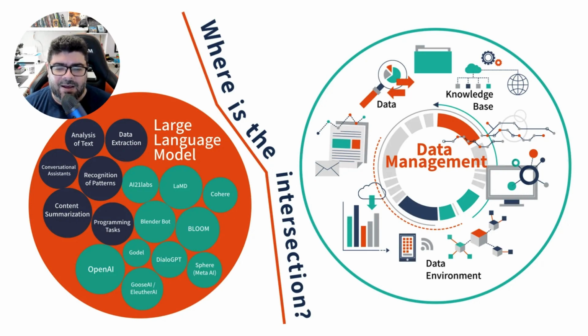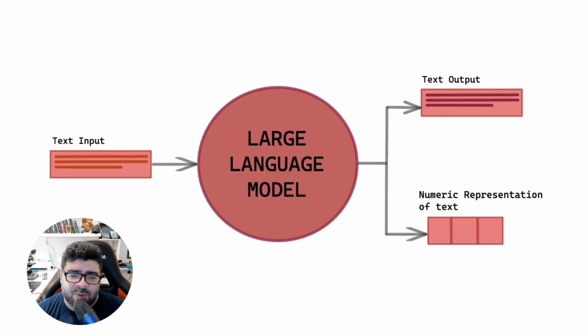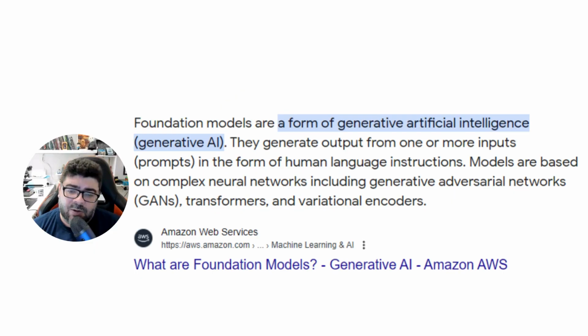Okay, let's go. Large language models transform text input into text output using numeric representation of the text. And we have foundation models. Foundation models are a form of generative AI that generate outputs from one or more inputs, prompts, in the form of human language structures.